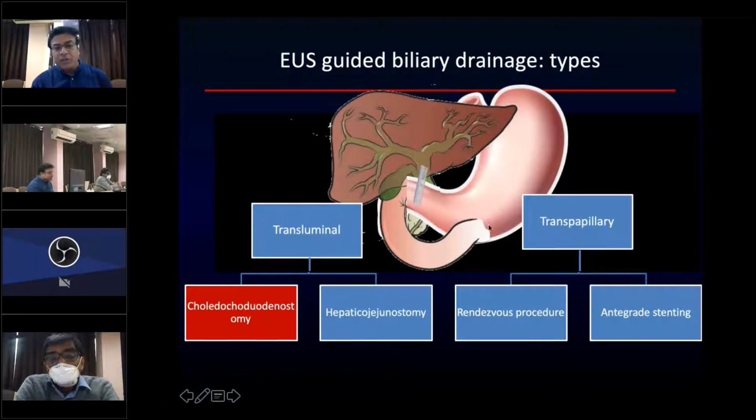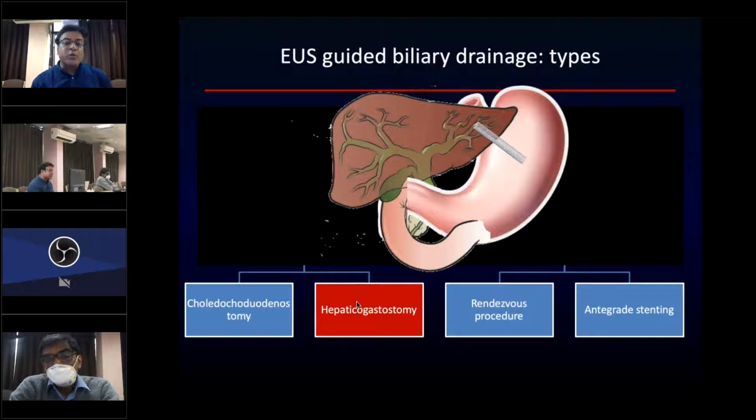One is a transluminal procedure, another is a transpapillary. So transpapillary means the wire is ultimately going out through the papilla, whether from above down or from below up. A transluminal procedure is again between the 2 lumens. So what we have is a choledochoduodenostomy, where we place a stent between the first portion of the duodenum and the extrahepatic bile duct, which is in very close proximity to the first part of the duodenum.